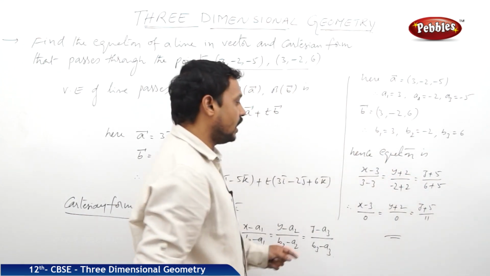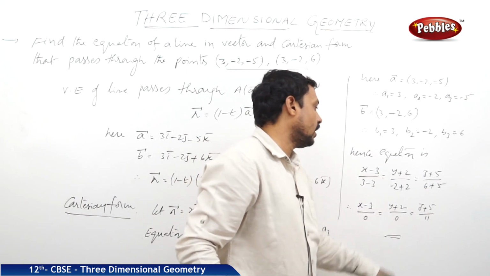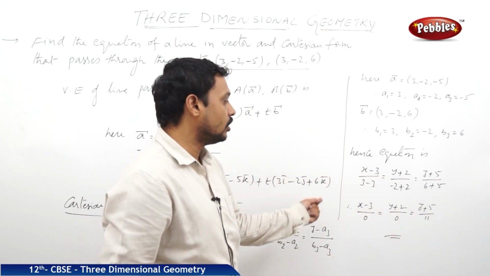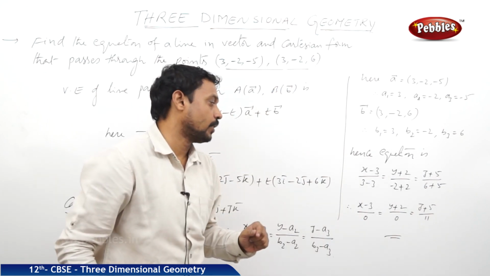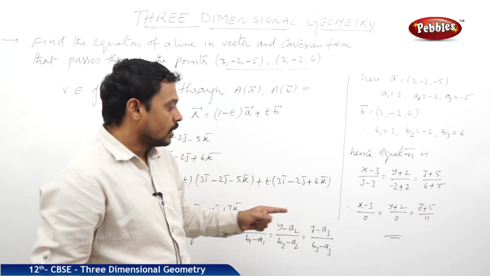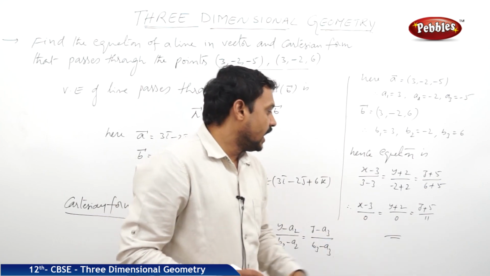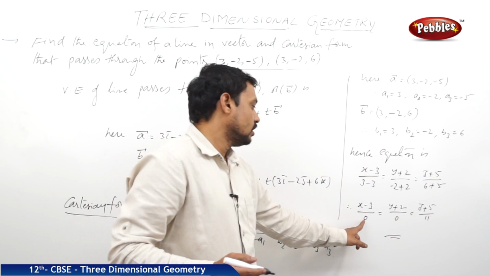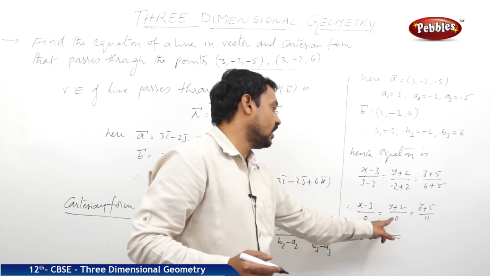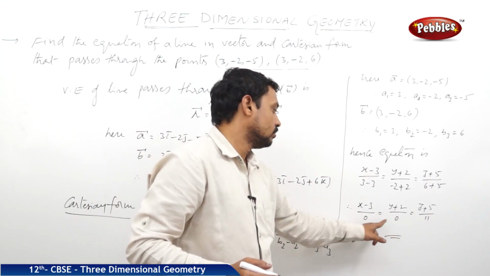You know, here 0 comma 0 comma 11 are direction ratios of the line that passes through the two given points. But you know, in the direction ratios, two quantities are 0.